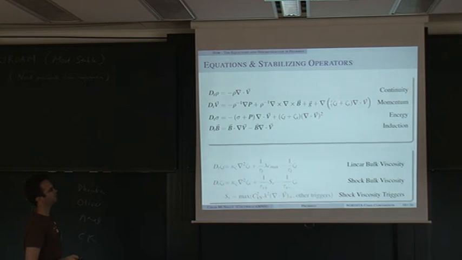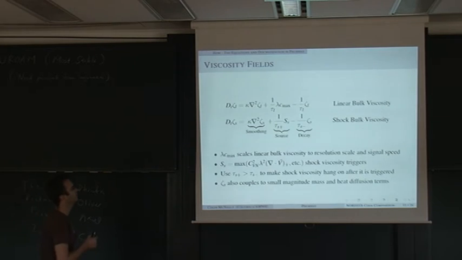The coefficients of these viscosities are actually evolved by a set of auxiliary equations, which consist of a diffusion term to keep them smooth in space, a source term, and a decay term. So this linear bulk viscosity acts everywhere, and the shock viscosity acts to add extra dissipation in shocks. And I'll describe these more on the next slide.